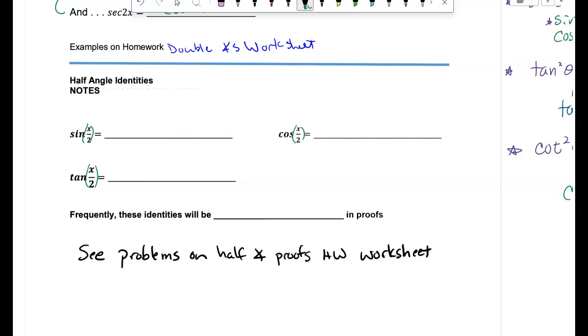Here's the first one. And I'm sorry, but you do have to memorize all 3 of these. Okay, so sorry about that. You have to memorize that. First one, sine x over 2. Are you ready? It's plus or minus the square root of 1 minus cosine x all over 2.